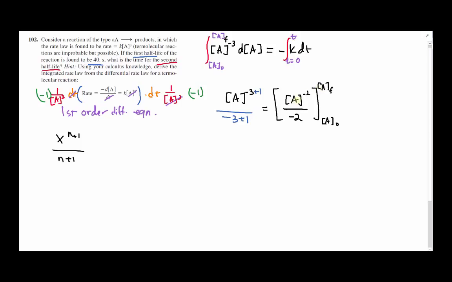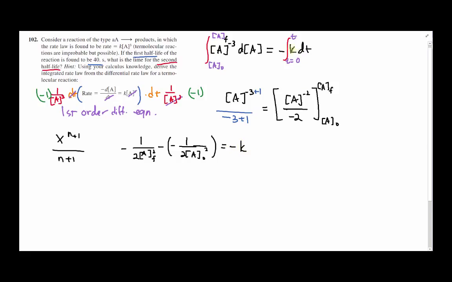Alright, so when I plug this in, I'm supposed to get 1 over 2 A final squared, minus, and you have another minus because of that minus in front of 2, 1 over 2 A initial, and you have to square that. And then you have -k.